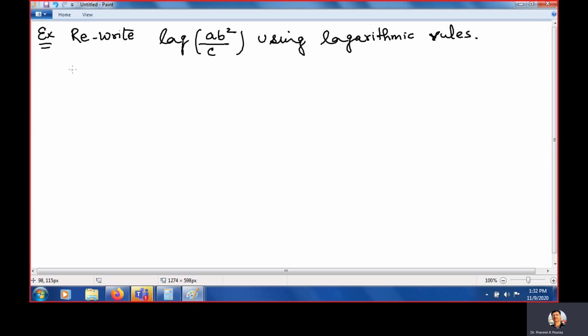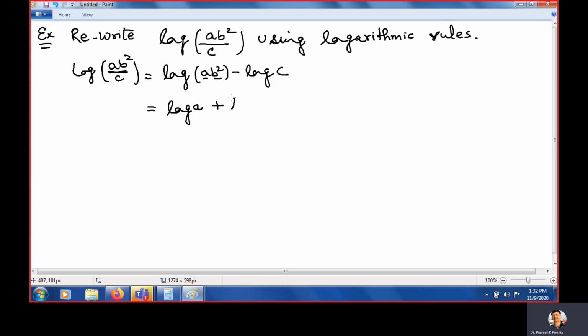Look, log AB power 2 upon C, and what is it? Division. Division means log of numerator minus log of denominator. Clear? So first we use the division property. Now look here, here is multiplication. So it is log A plus log B power 2 minus log C. Clear? This is the property of multiplication.